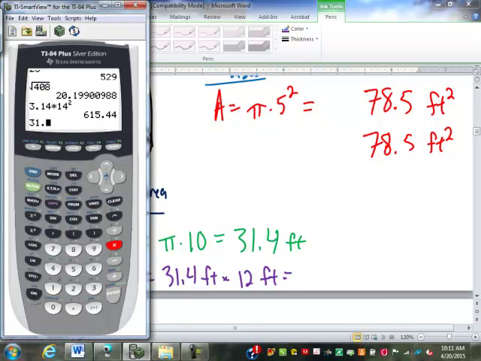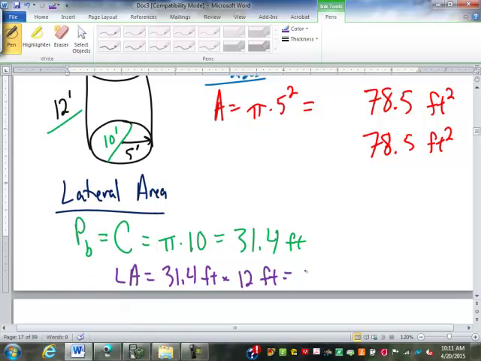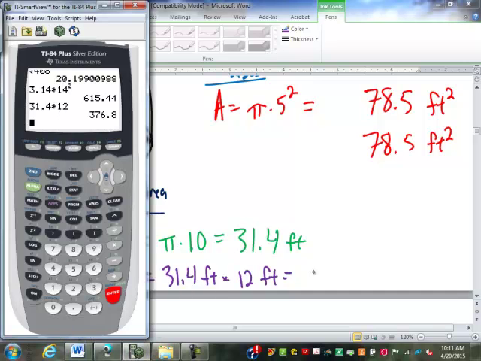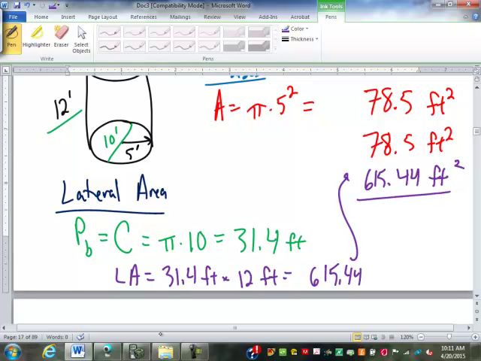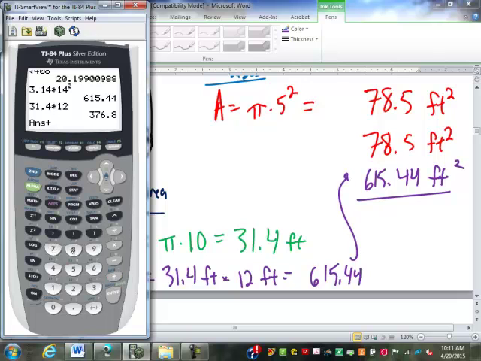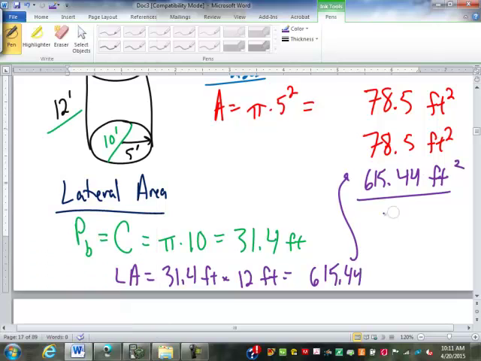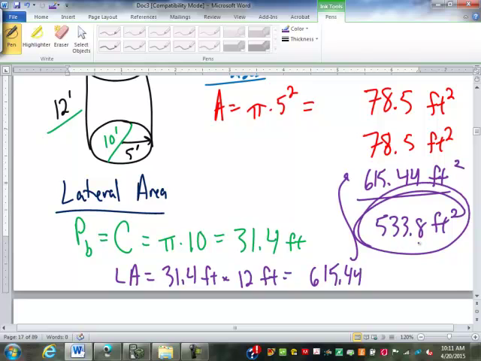615.44. So we add that up. 533.8 square feet. Did I subtract instead of add?